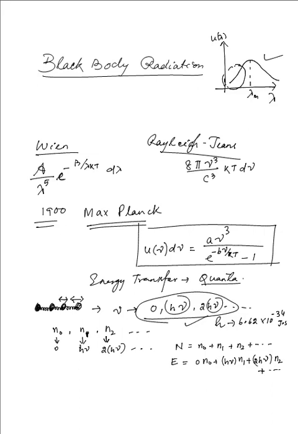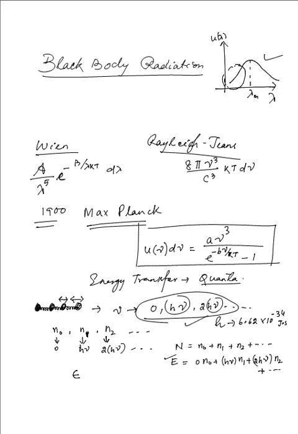Now the oscillators are assumed to obey the Maxwellian distribution law, according to which the number of oscillators with energy, supposedly I denote it as a different energy, because I have already used this capital E notation over here, so let me use epsilon type of notation there.